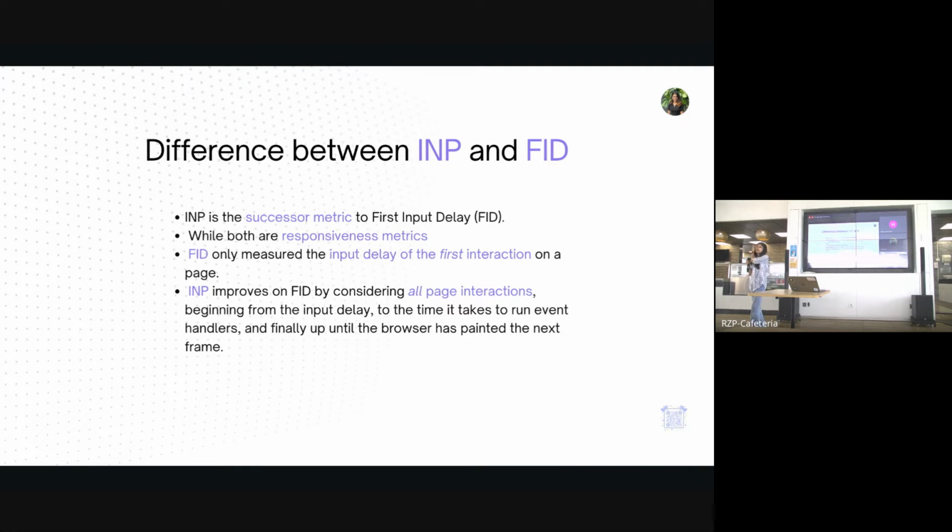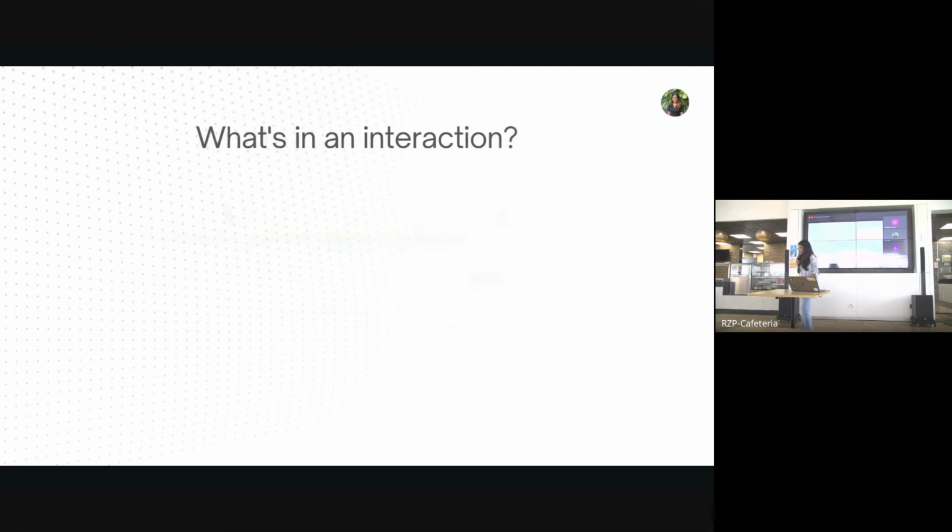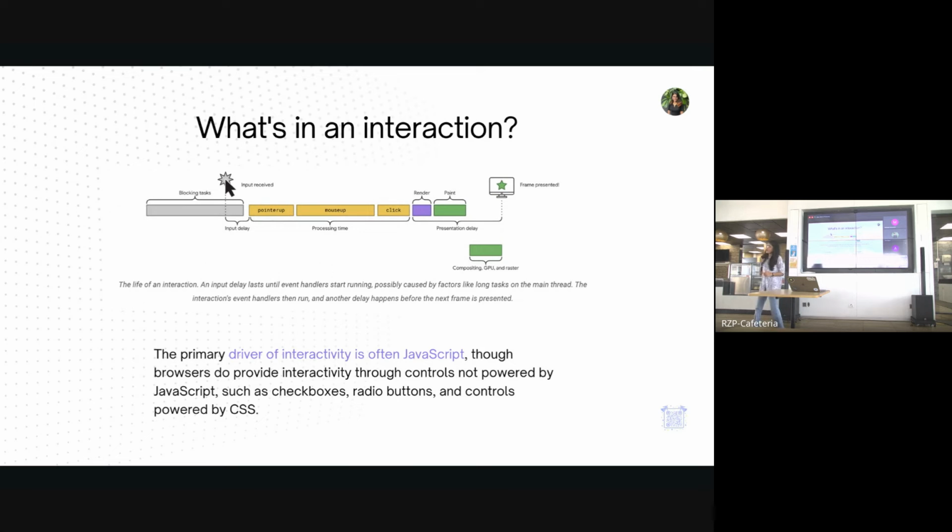So it considers everything from when you click on a button till the point your interaction shows up on the screen. The complete, longest page interaction is taken into consideration by INP. So that's the difference, and that is why FID was replaced by INP.